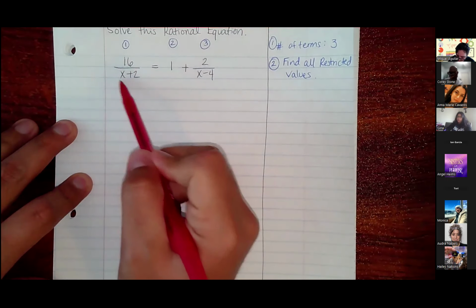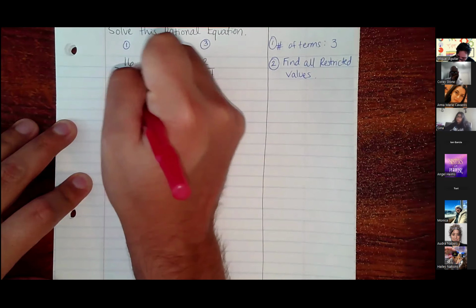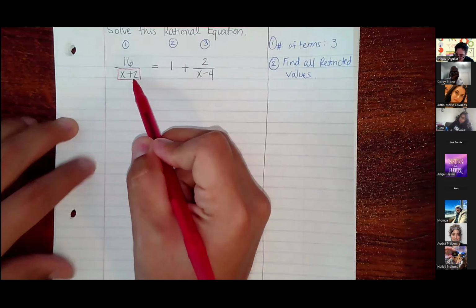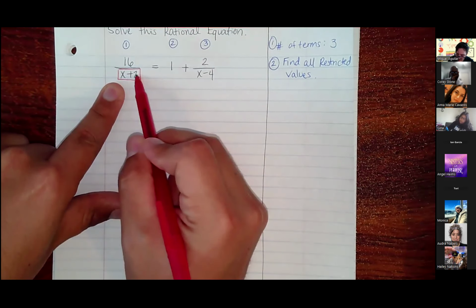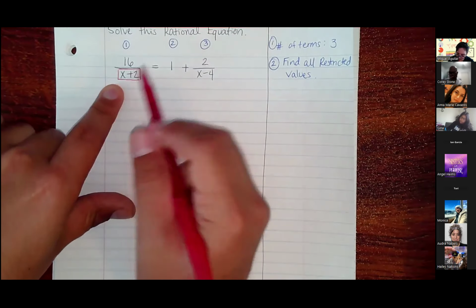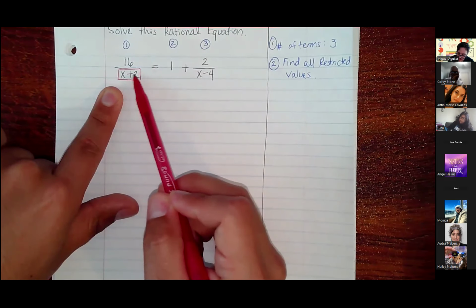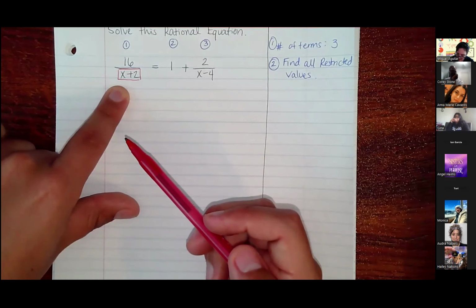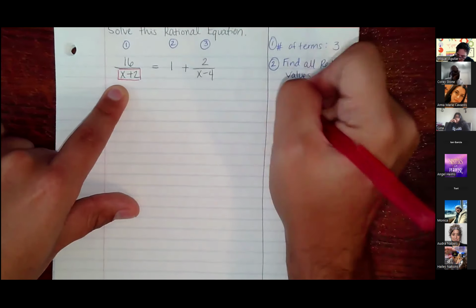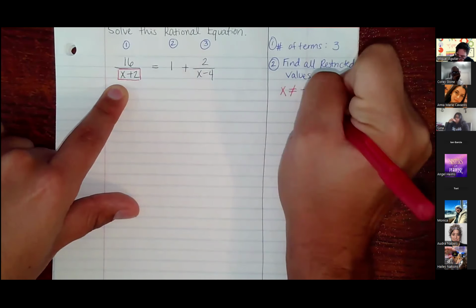So this first term is a rational expression and it has a variable in the denominator. The restricted values are going to be whatever value of x forces this denominator to turn into 0. So what could I plug in for x that when I add 2 to it, it will make this become a 0? -2. -2. So what I'm going to say is that my restricted value x cannot be -2.